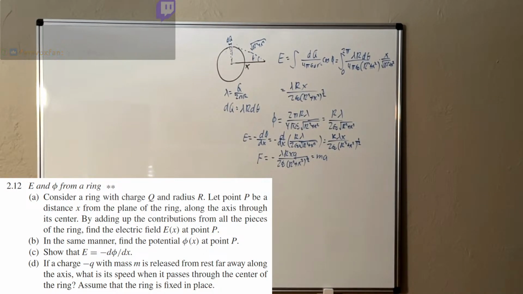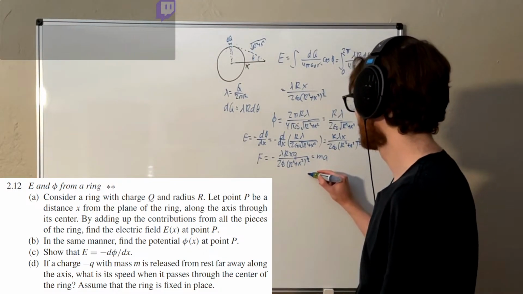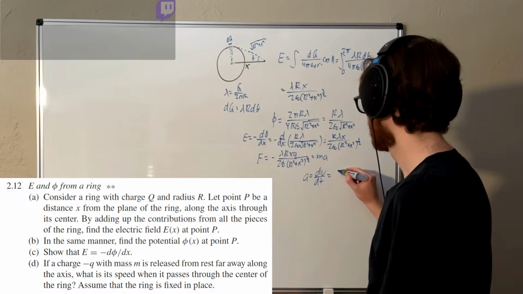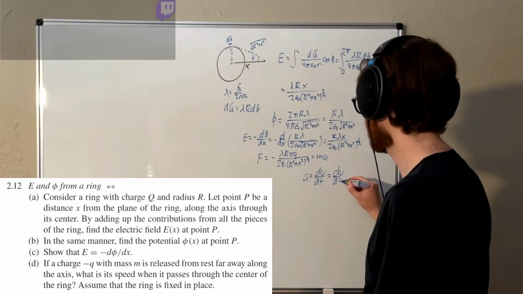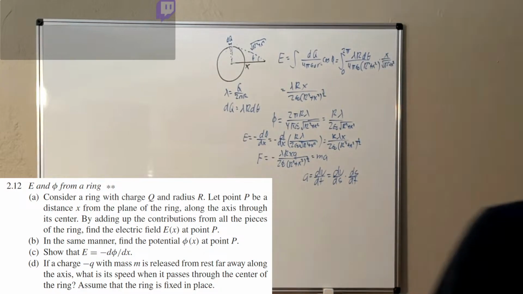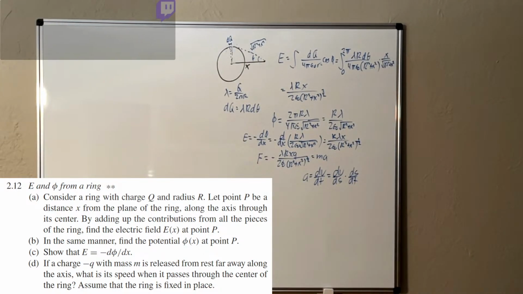A equals dv/dt, and dv/ds times ds/dt, and ds/dt is just v.